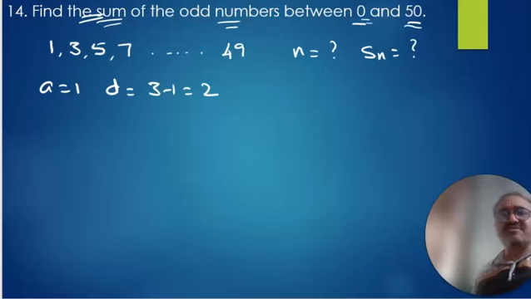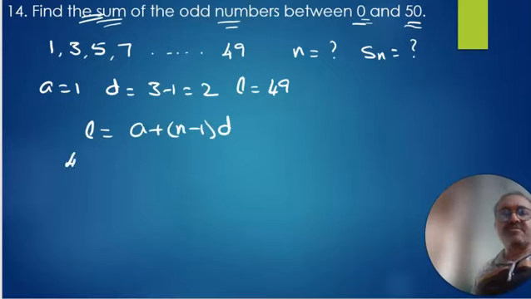So a is there, d is there, l is given, last number is 49. Now we can write l is equal to a plus n minus 1 into d. Now l is 49, a is 1, n we don't know, d is 2.